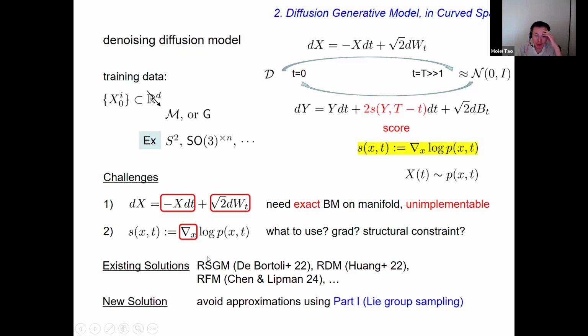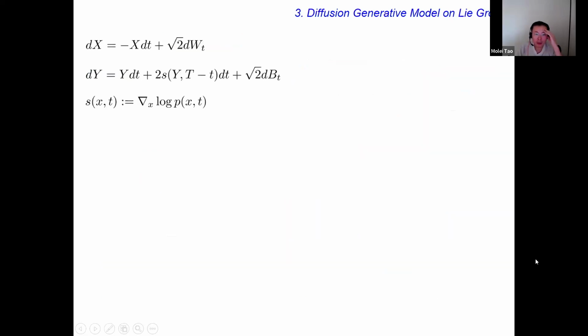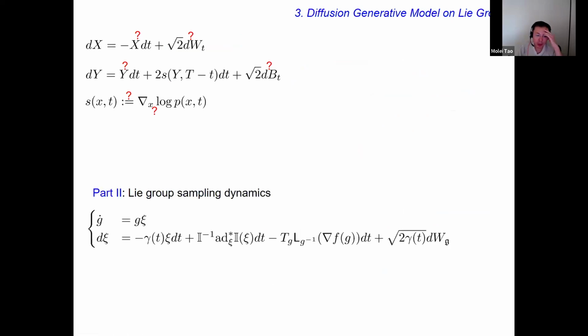But now we have a new solution. We don't have to make any approximation because we have this tool from part 2. So this should be part 2, I'm sorry. So what is going on? So like I said, you have a lot of places which you're not sure about. But remember, in part 2, we have this sampling dynamics, which basically allows me to push any distribution to some known distribution.